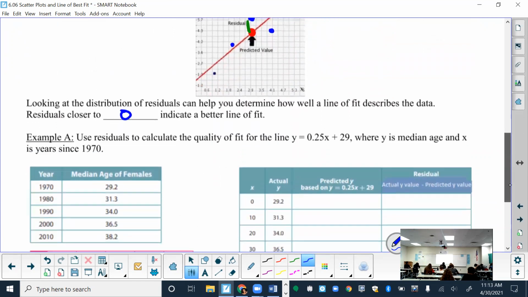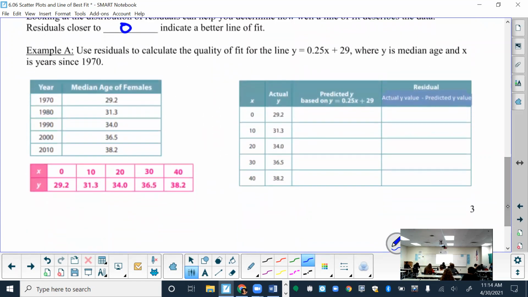All right, so then down here we have an example. They took the median age of women since 1970 for each decade. So this is what they recorded for their data. These are my actual values.